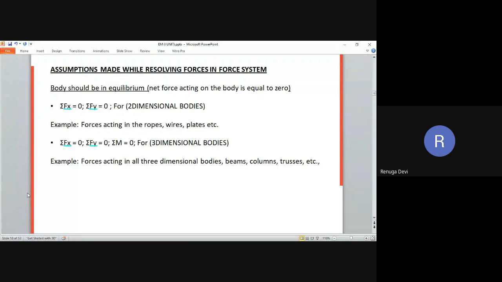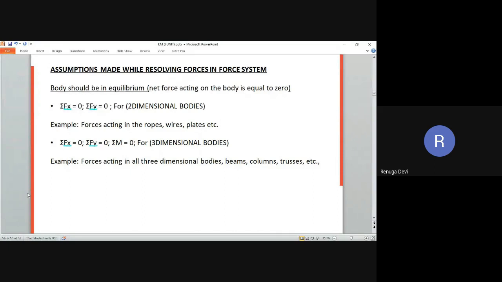Whether it is clear or not. Equilibrium means, don't think that all the forces acting on the system are 0. It is not correct. The net force acting on the system is 0, or is null or very negligible. Then only the body is in a stable condition. So equilibrium means the body is in a stable condition.